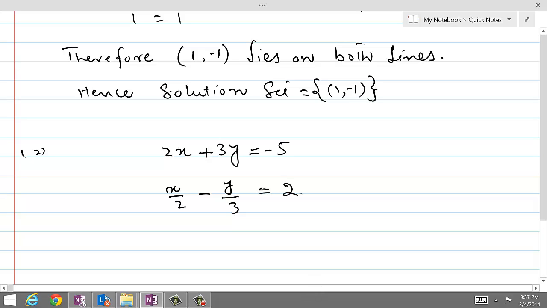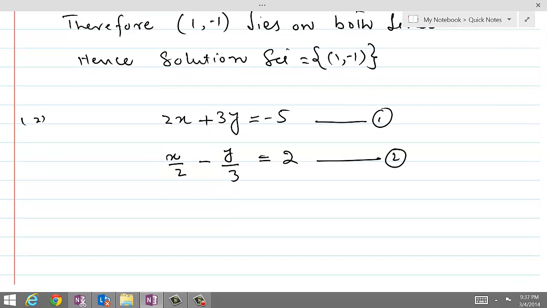Let's call this equation number 1 and this equation number 2. We can find the value for x or y from equation 1 or 2 and substitute it in the other equation, just like we did in question number 1.